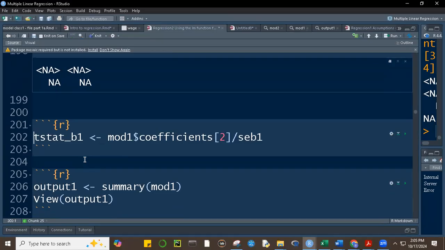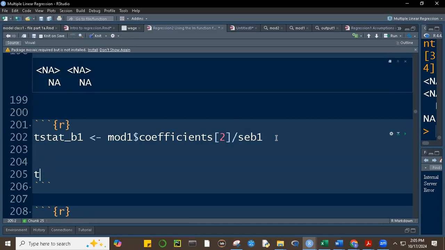Okay, so we said, class, that the t-stat is simply your coefficient. So in this case, coefficient number 2 coming from mod 1, this is your slope, divided by the object that we created a while ago, the standard error of the slope. Or, okay, this can also be obtained by t-stat underscore b1.